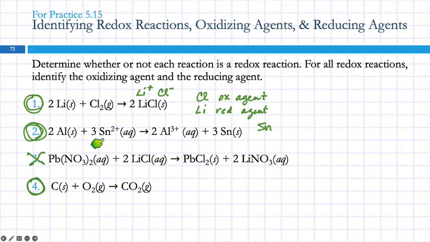We need the reactant. The tin 2+ ion is being reduced, so it's the oxidizing agent. The aluminum is being oxidized. That's the important thing to be able to figure out. And so that makes it the reducing agent. It's not confusing at all.